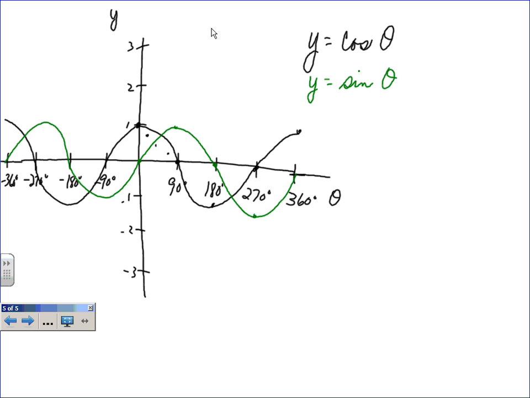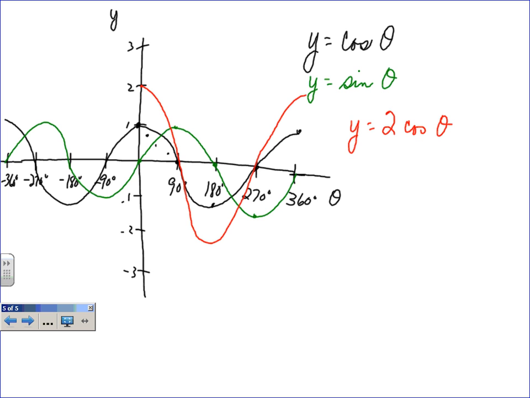So let's say we have y equals 2 cosine theta. You're going to find that it comes like this, and it'll go to the left as well.